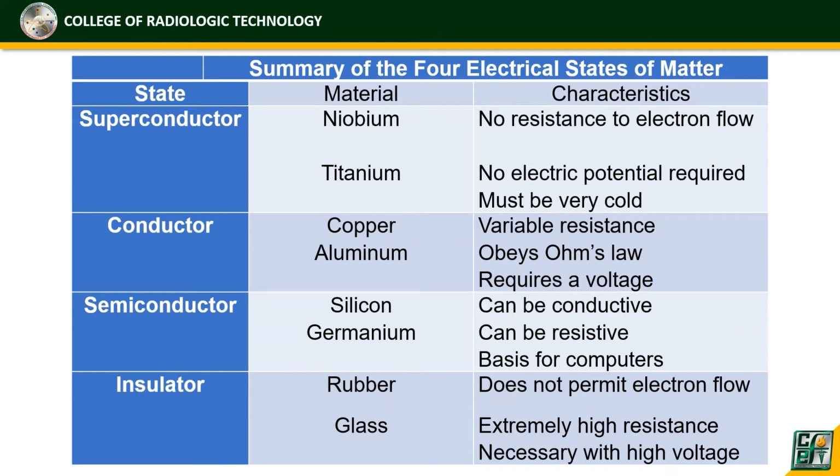So makita niyo nandyan na yung state. Okay, column 1 state, column 2 the material or the examples of each state of electrical states of matter. Then of course their characteristic can be seen in the third column.